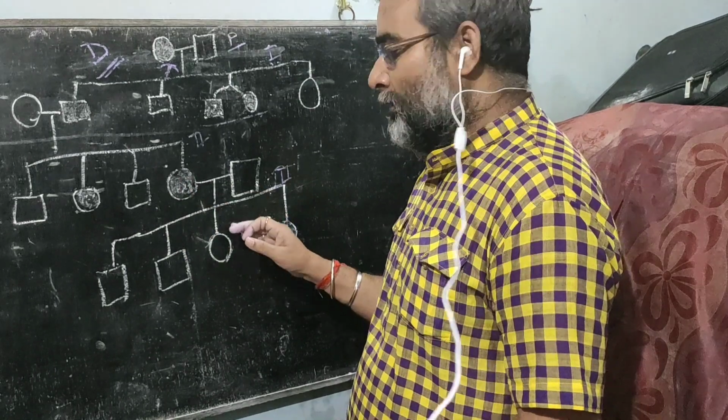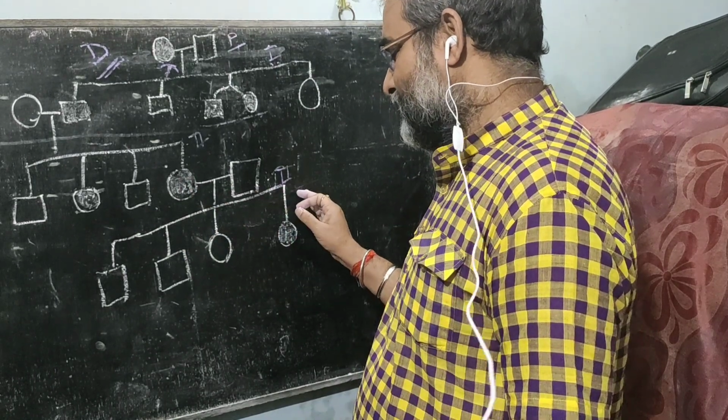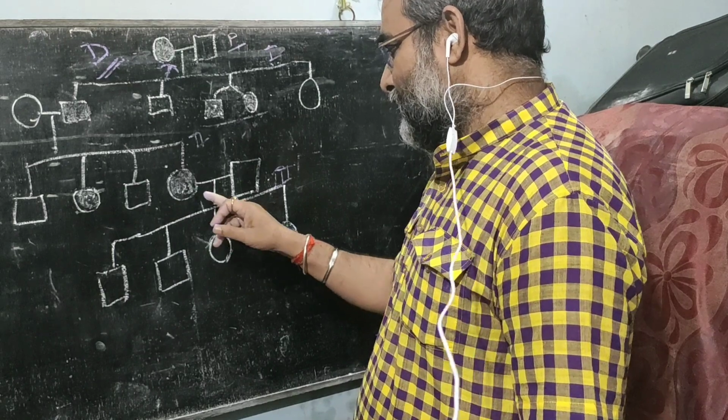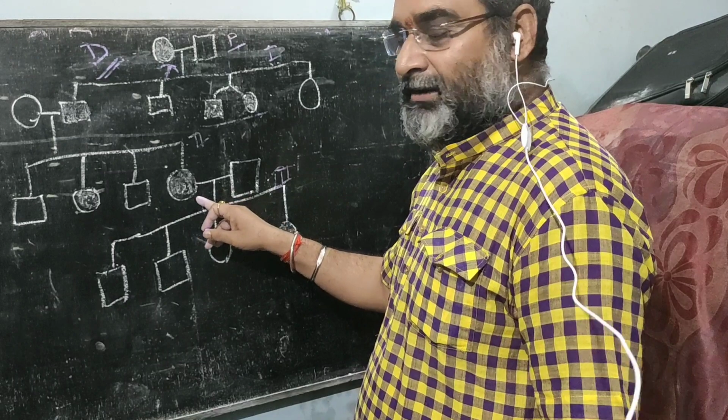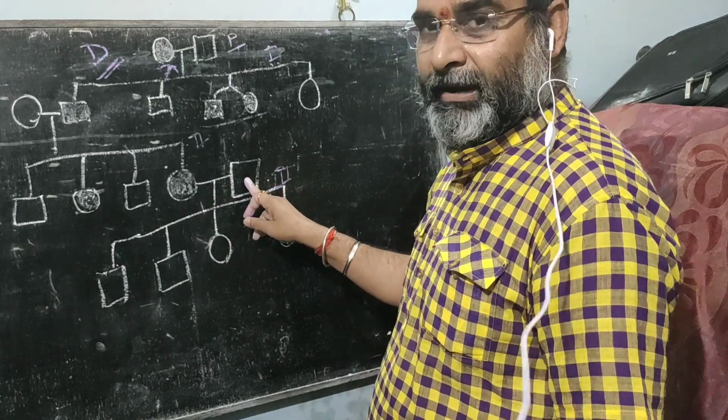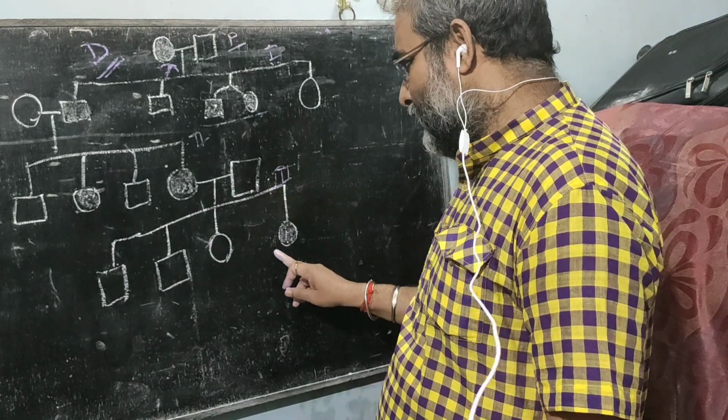Again, we move further to the third generation. We observe that the affected mother is married with a normal male, and again the daughter is affected.